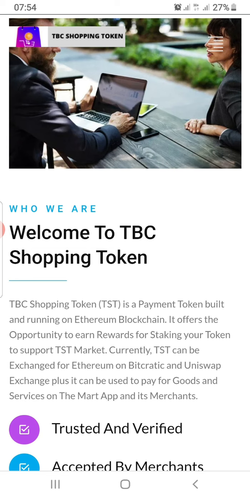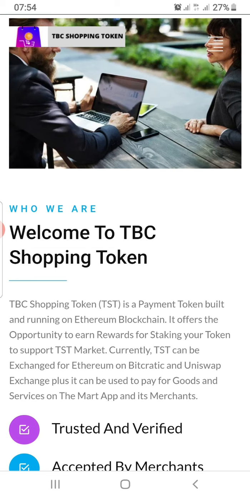I was talking about the TST use cases. Use cases vary. Right now we have the Mat app, which is where TST holders can actually spend their TST.